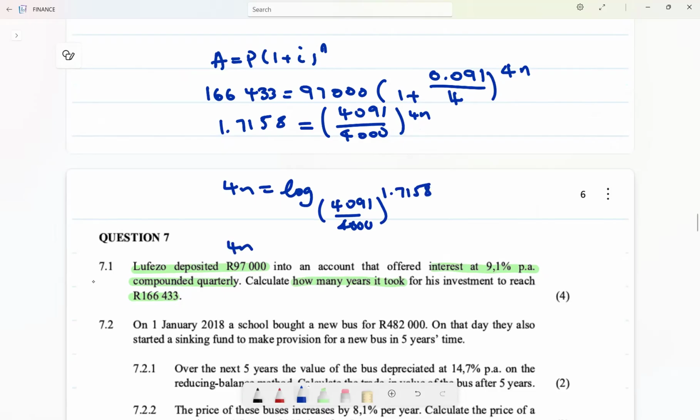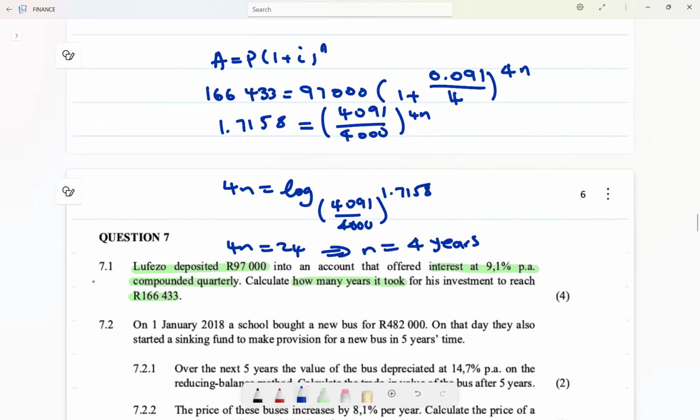And then we get for n something like log of 1.02275 to the power of 1.7158. We get something like 24, and when I divide that by 4, I get n equal to 6 years.